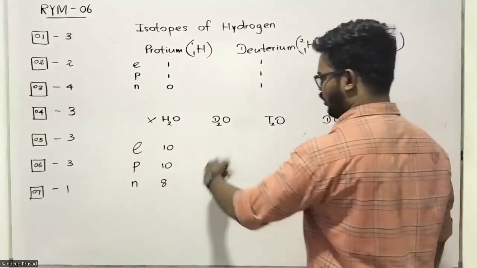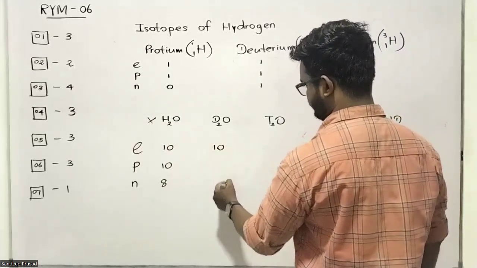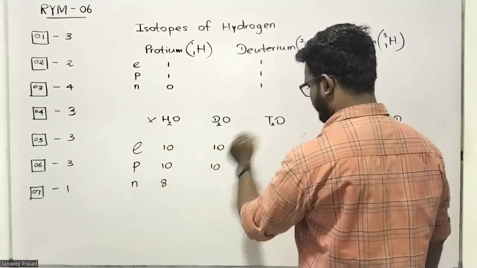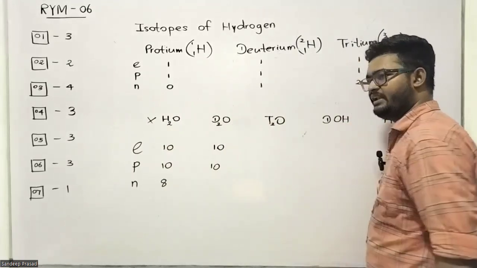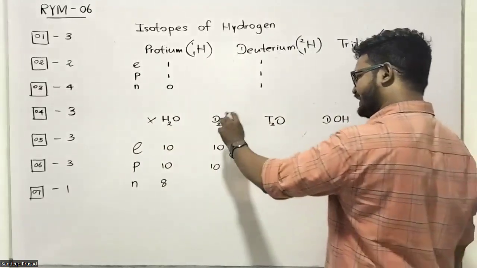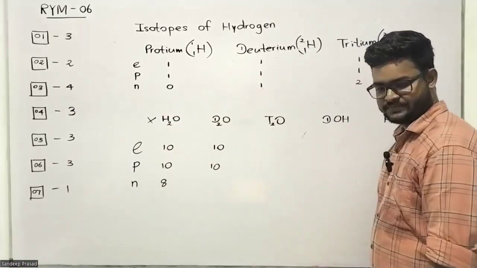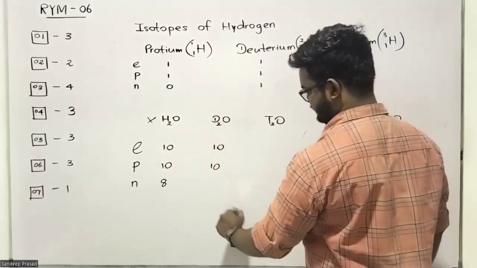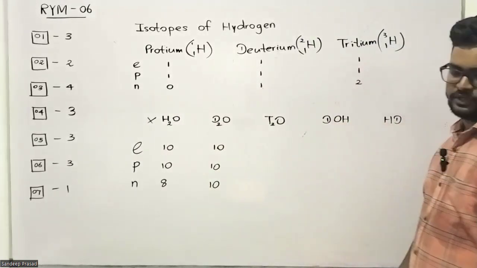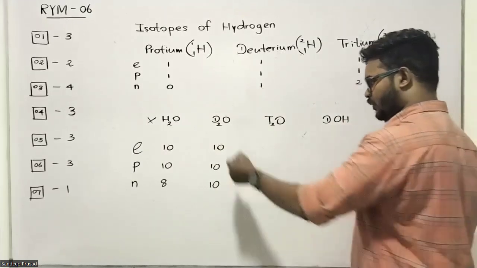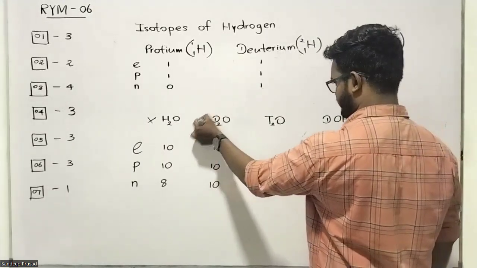D2O: the electron count is the same as H2O, and the proton count is the same. The oxygen atom contains 8 neutrons, and deuterium has 1 neutron in the nucleus. There are 2 deuterium atoms, so there are 10 neutrons in the D2O molecule. Can you see that the electron, proton, and neutron counts are all the same?